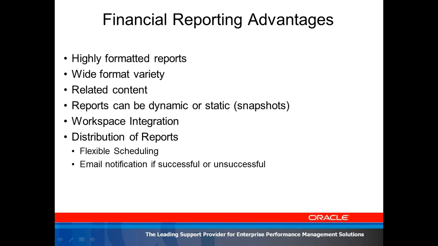Let's get back to some concepts here as opposed to looking at how it works. The advantages of using financial reporting are that it produces these highly formatted reports, as you just saw, in a wide variety of formats.